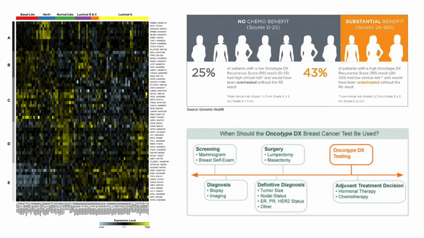A recent study showed that patients scoring on the low to mid-risk range could safely skip chemotherapy completely, which would lead to avoiding the hair loss, neuropathy, weight loss, and other side effects that often come with chemotherapy.